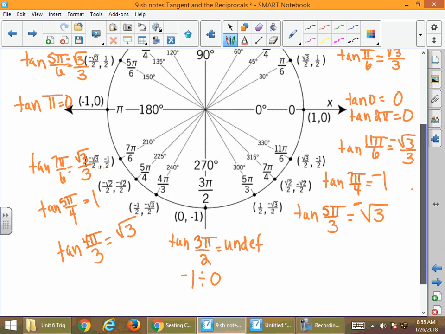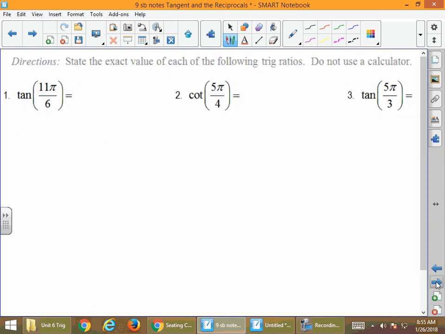But let's turn over here and let me just get you, I hope, going in roughly the right direction on a couple of these problems here. It's the same idea behind it as we did with our secant and our cosecant, but it's the tangent of 11 pi over 6. Well, tangent of 11 pi over 6, it's pi over 6. So you can use your hand gesture.